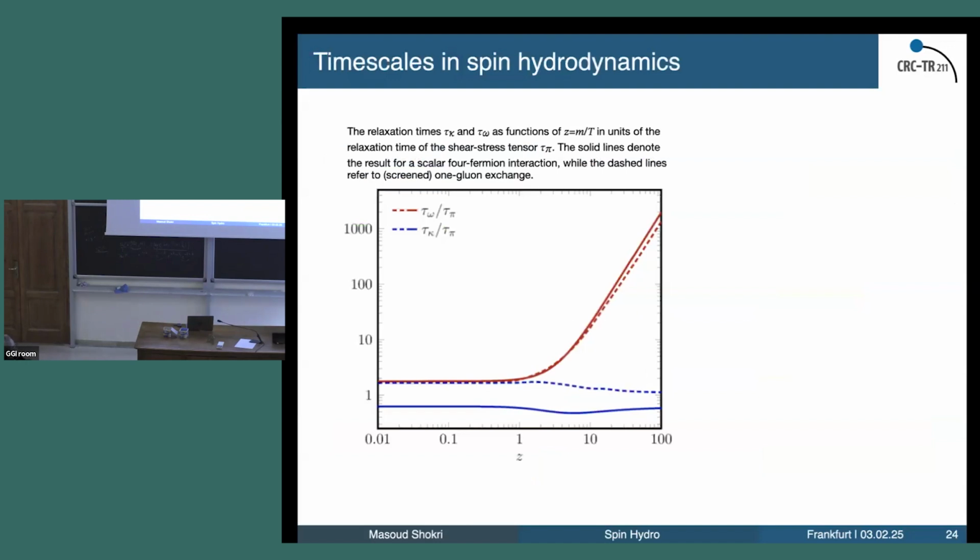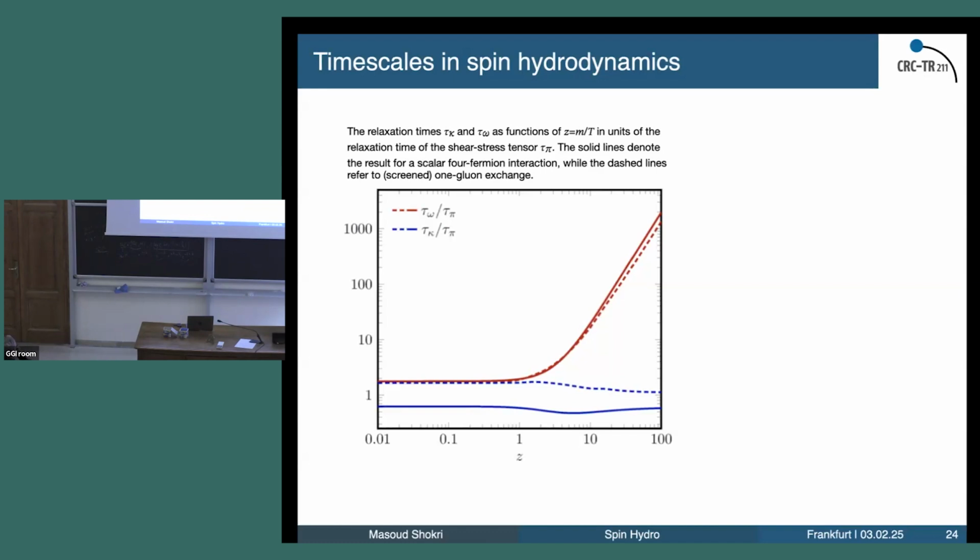And okay, so of course you cannot calculate the transport coefficients using hydrodynamics alone, and these are the relaxation times compared to the relaxation time for pi, which is calculated by David in terms of z, which is mass over temperature.